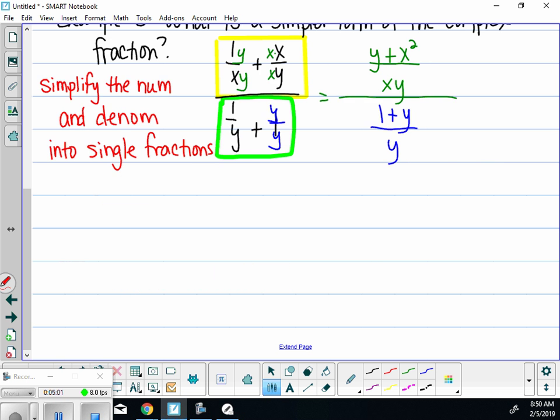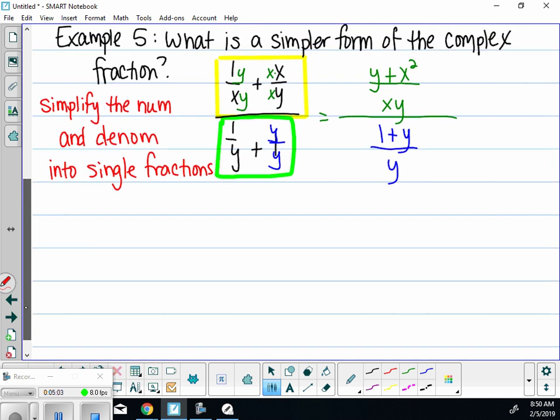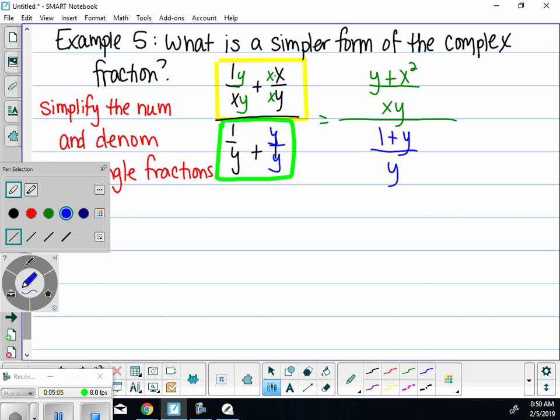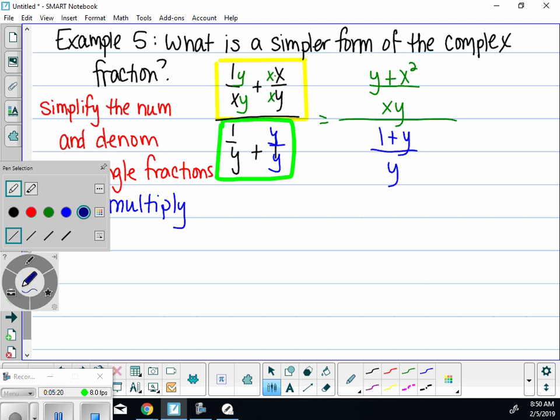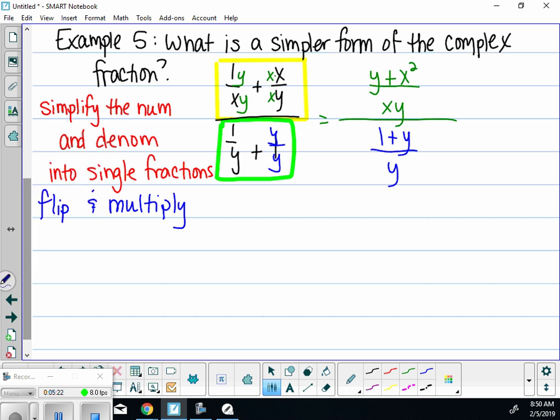And then, in order to divide fractions, we flip and multiply. So I will have y plus x squared over xy times y over 1 plus y.